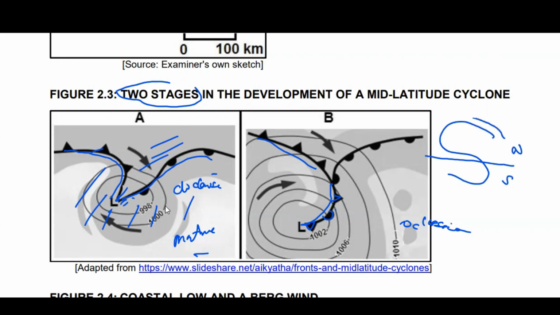In the northern hemisphere, you can see it's a low pressure, but it is anti-clockwise. When you cross the equator, it starts moving clockwise. You see that? So this is clockwise, this is anti-clockwise. If you can remember this, you won't forget the spinning of the wind around the low pressure.